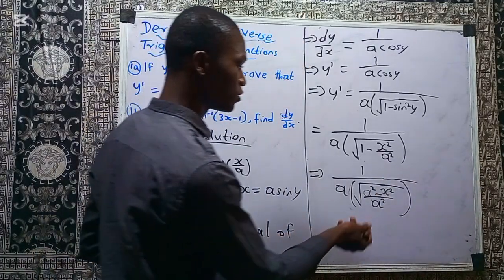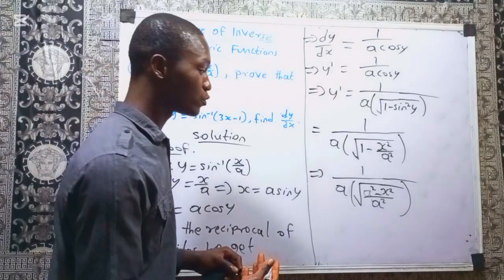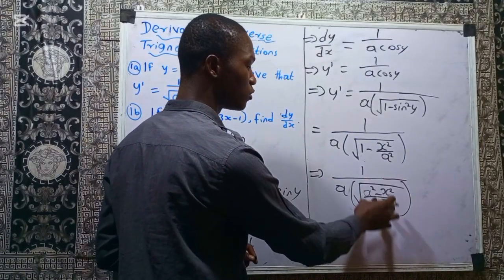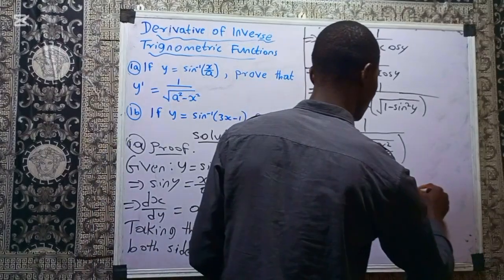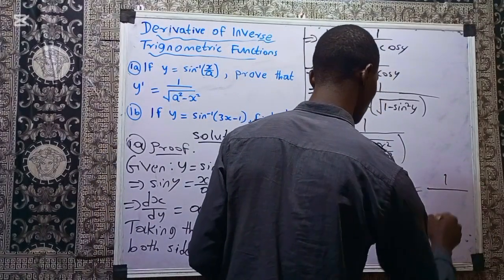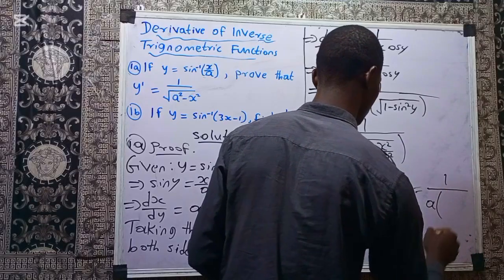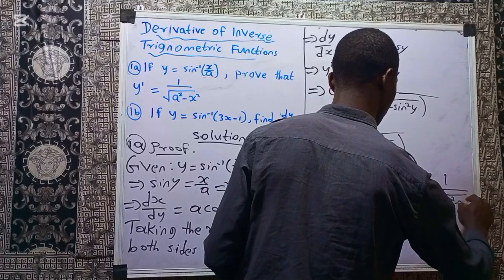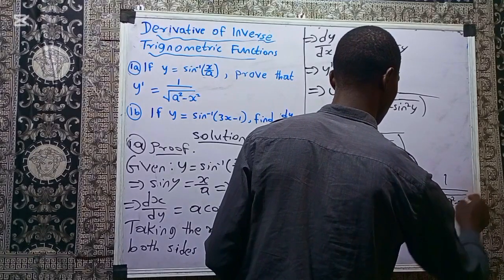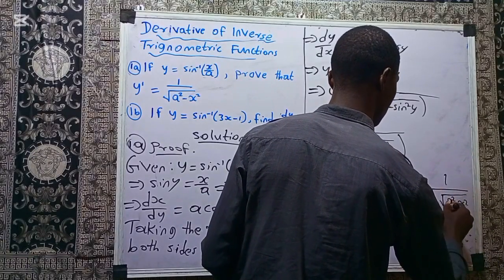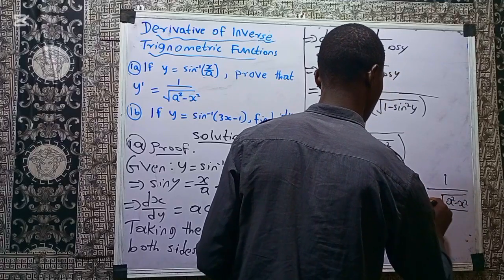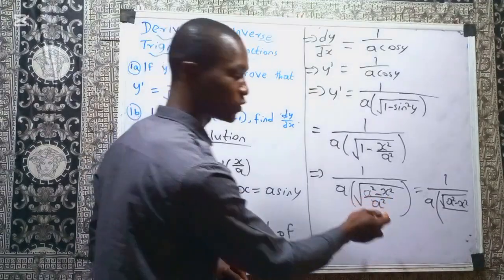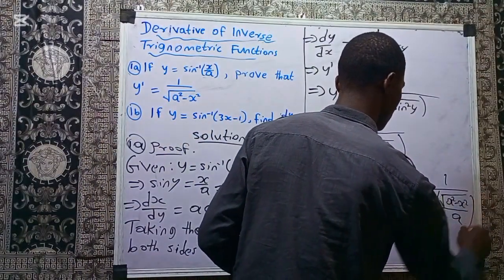So using the property of square root, the square root of this fraction will be the square root of the numerator over the square root of the denominator, right? So this will be equal to 1 over a into square root of a squared minus x squared, then over square root of a squared, which is a.